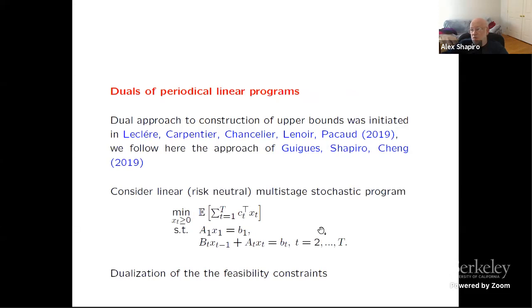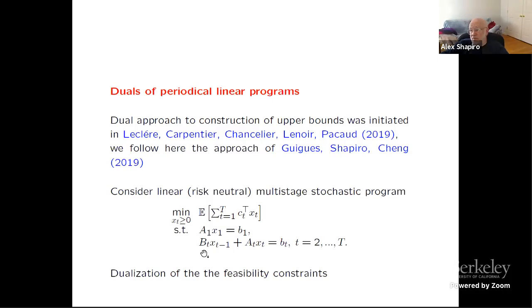Now about duals. You asked me about the duals, and it's exactly what I will talk about now. If we look at this problem, it is a linear problem. Suppose we have a finite number of possible realizations, a finite number of possible scenarios.